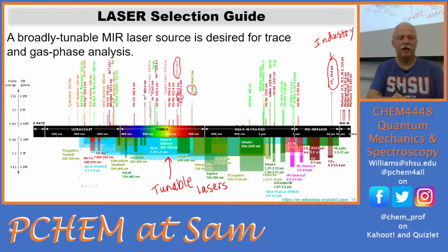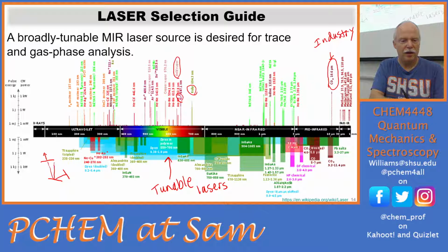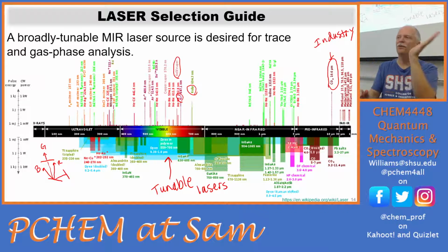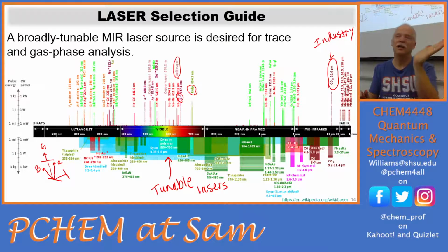Now the way we tune the lasers is we set up the resonant cavity here with the output, and then we put inside that cavity a monochromator. And so we might have red, green, and blue. And we could tune that monochromator inside the resonant cavity to make it resonant with red or green or blue. And so that's how you would tune your laser.